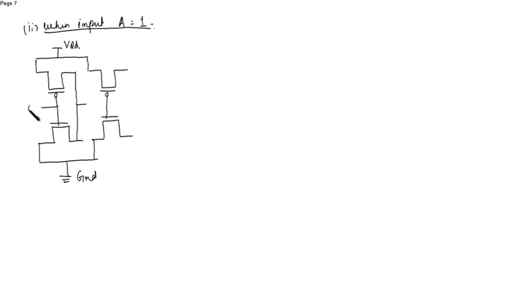This is the output, input A, output A bar, which is given as input to the second inverter, and the obtained output is A bar whole bar equal to A. This is P1, N1, P2, N2.